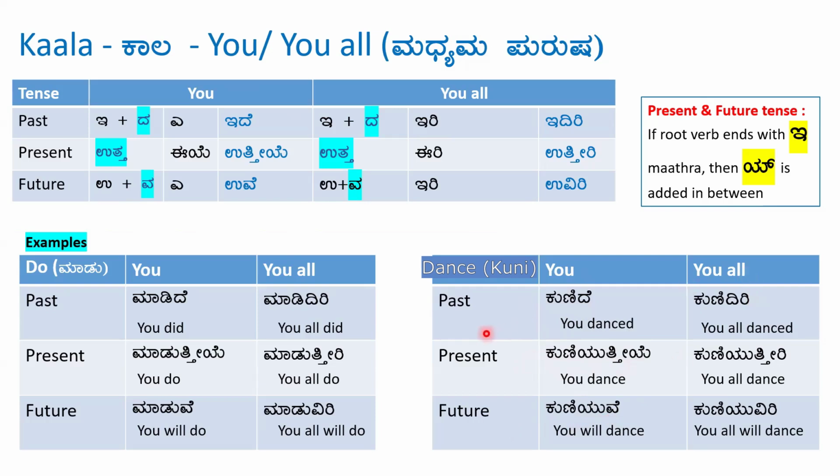You all, past tense, it will be kunidiri, present tense kuniyuttiri, and future tense kuniyuviri. So, in the present tense and future tense, because the verb is ending with e matra, it will be kuniyuttiye, kuniyuttiri, kuniyuve, kuniyuviri. So, u is added in between.